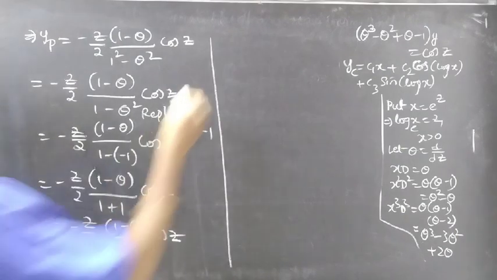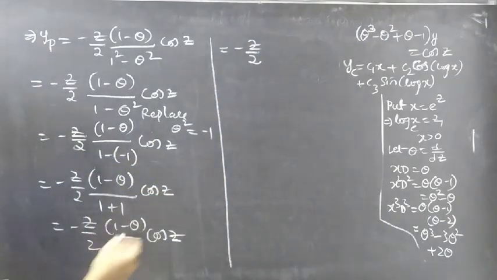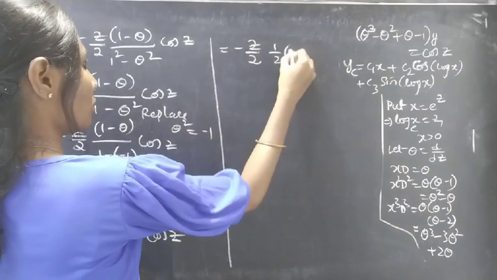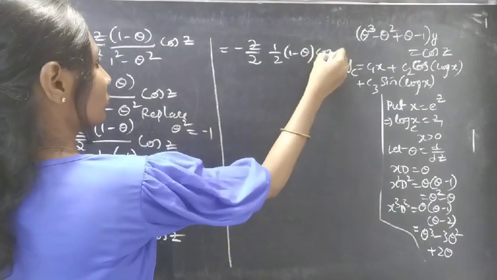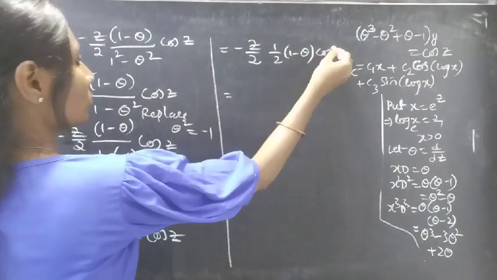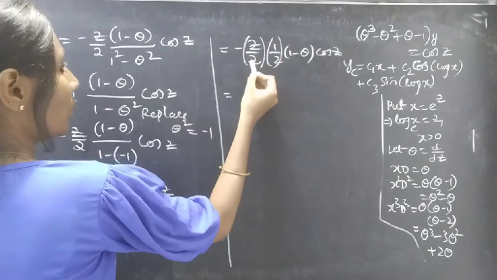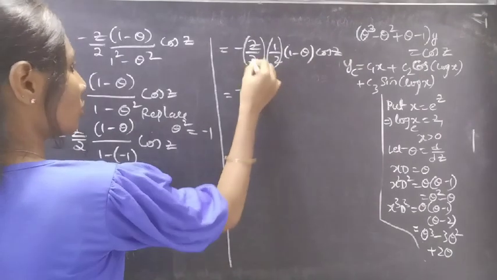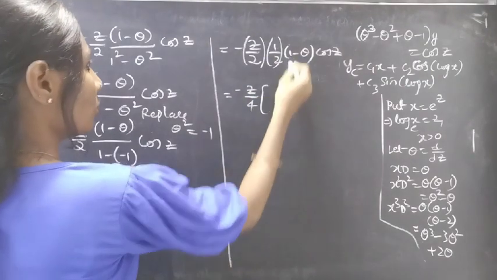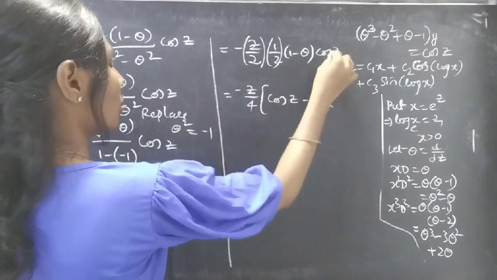This becomes −z by 2 into, now split the fraction as 1 by 2 into (1 − θ) into cos z. This is equal to −z by 2 into 1 by 2 is z by 4, 2 twos are 4, into (1 − θ) into cos z, which is cos z − θ of cos z.